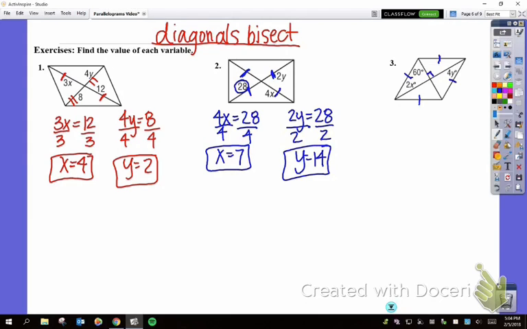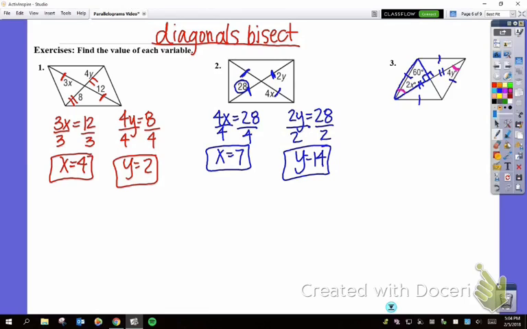So if we look at this triangle right here, and we know that this is 60, this is 90, then our third angle has to be 30, based off of triangles.